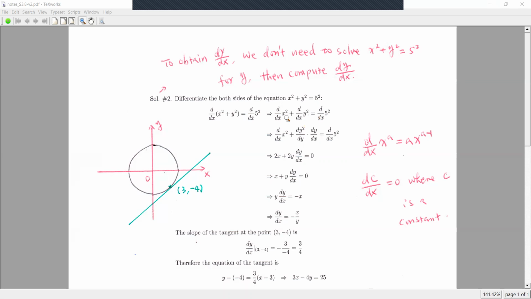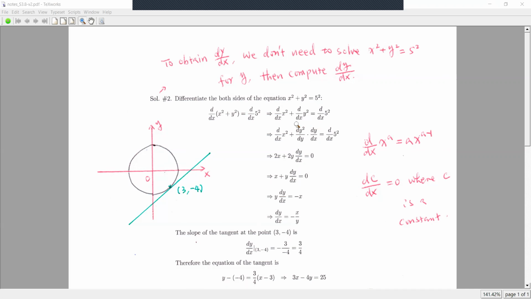The derivative of x squared with respect to x is computable by this formula. The derivative of y squared with respect to x is not directly computable because y and x are different variables.